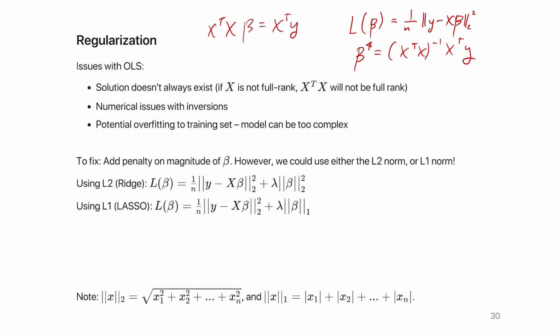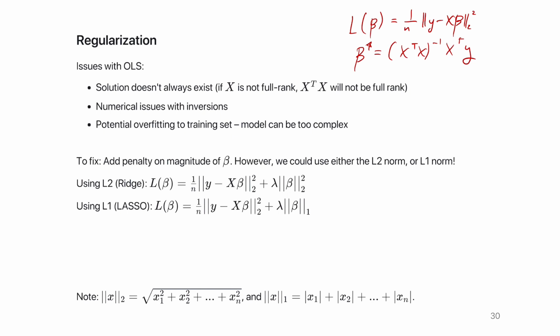Yeah, that's also a potential solution, but I'm just listing reasons why we might consider regularization. And again, the numerical issues thing isn't something we really focused on this semester. If X transpose X is not invertible, it's not full rank, so it's not onto, so there's not necessarily a solution. Yeah, or there could be infinite solutions, right? And so what we want is a guarantee that there's a unique solution.